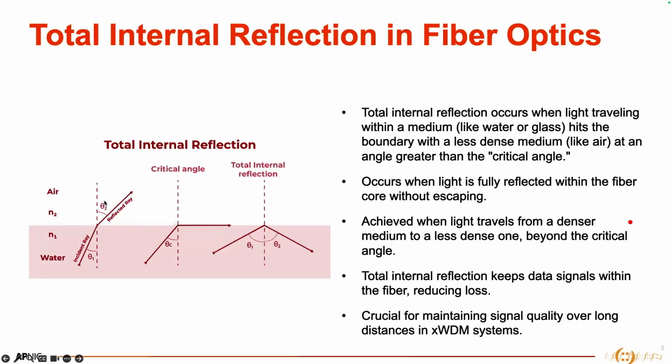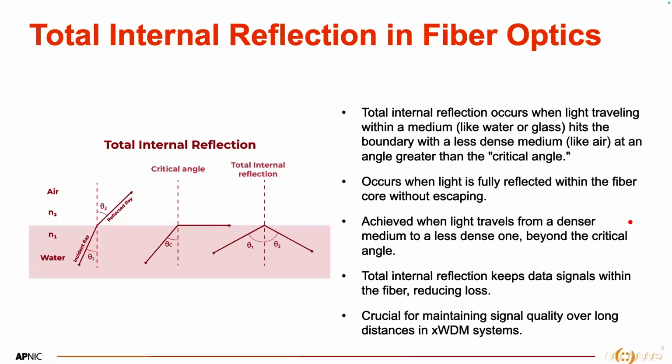And this is the angle of refraction. Here, as you can see, the light bends a little bit towards the denser medium. When the refracted ray becomes 90 degrees with the perpendicular line between these two mediums, the angle of incidence for which this phenomenon happens is called the critical angle, right?